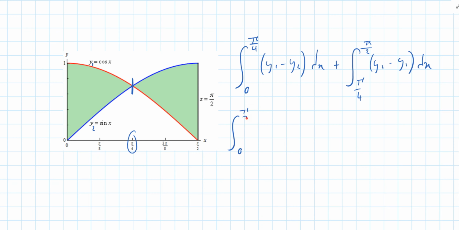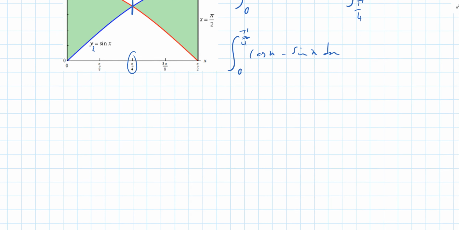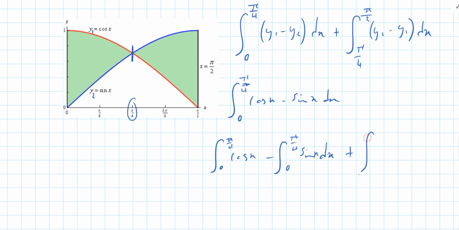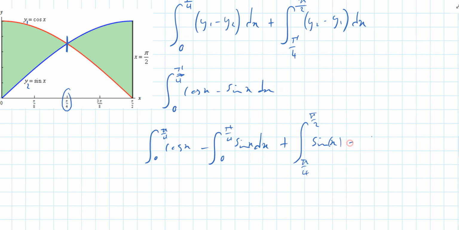So from 0 to pi on 4, it should be cos x take sin x dx, which I would take in two parts: 0 to pi on 4 cos x take 0 to pi on 4 sin x dx, plus the next portion coming down, pi on 4 to pi on 2, y2 is sin x, take pi on 4 to pi on 2 cos x.